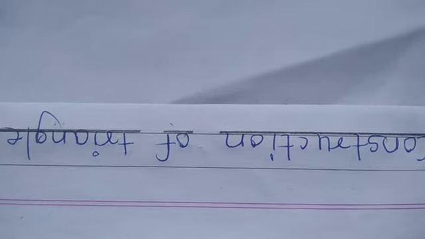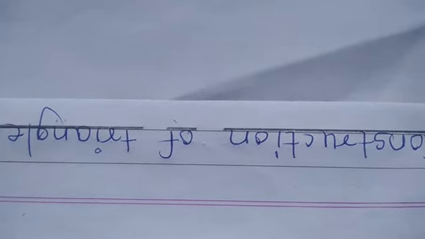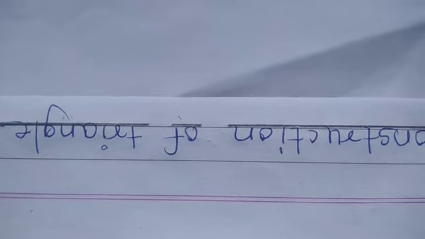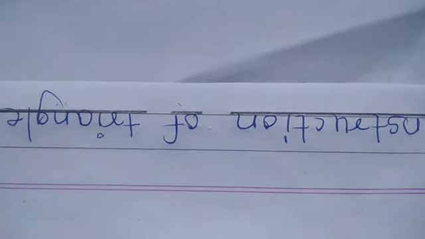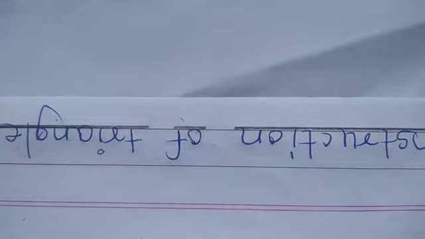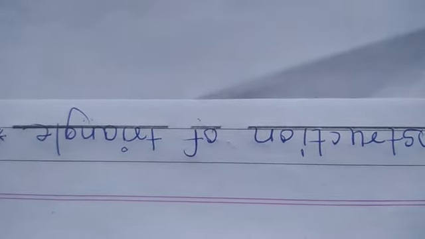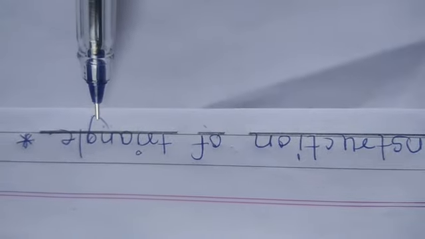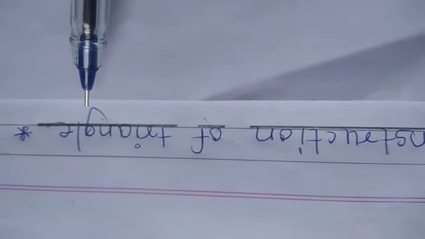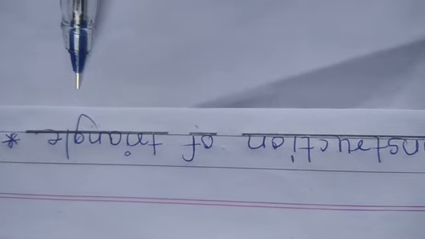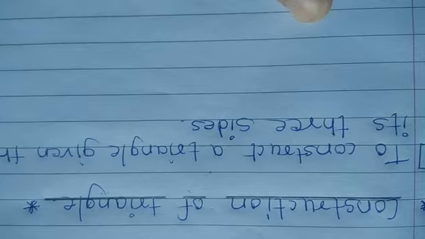If we draw a rough sketch of the triangle, it makes it easier to draw the required figure. It helps to plan the sequence of steps in the construction. In construction of a triangle, first we draw a rough sketch and then we finalize it.